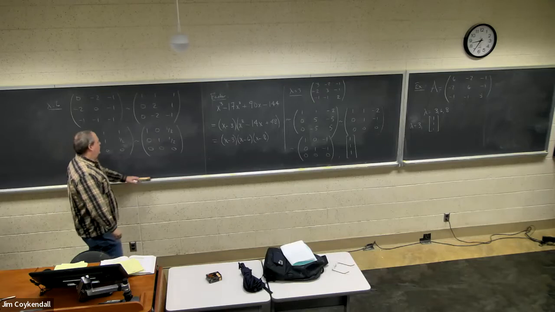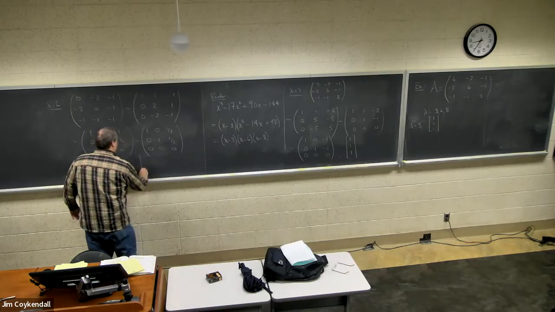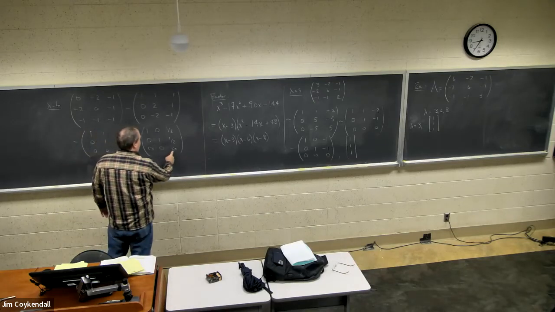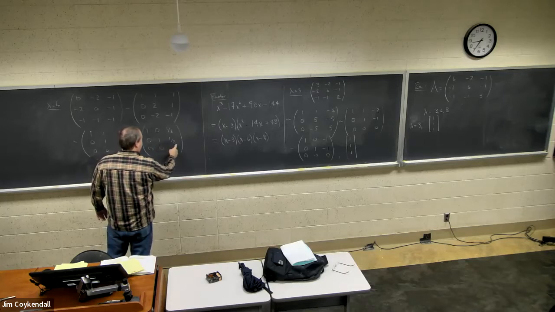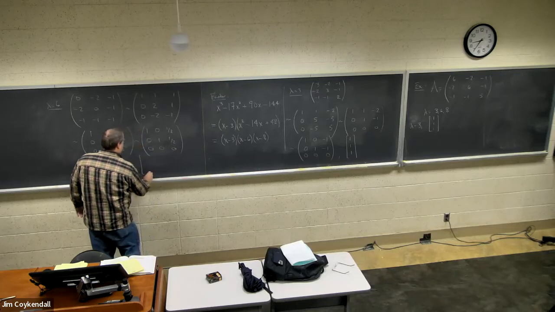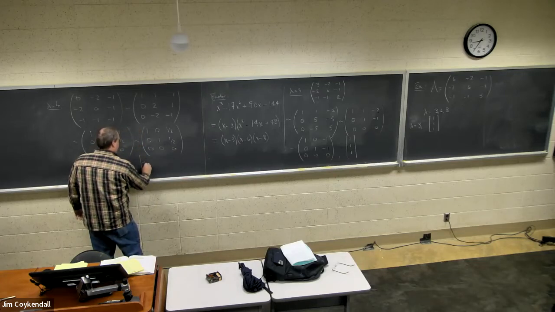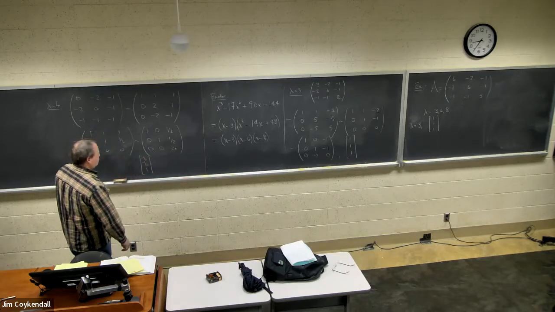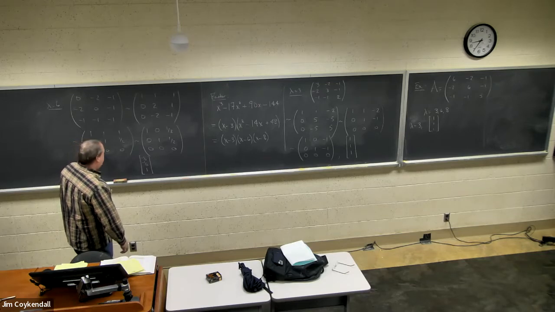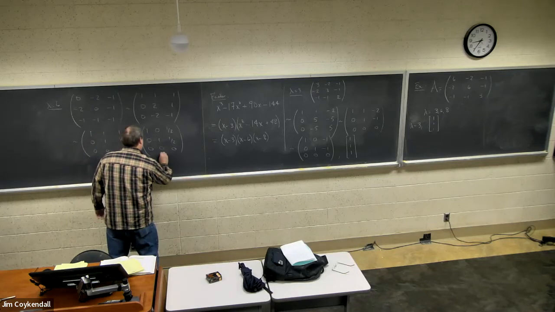So for this one, that means x3 is free. It means that x2 is minus a half of x3. And I'm going to redo this as -1.